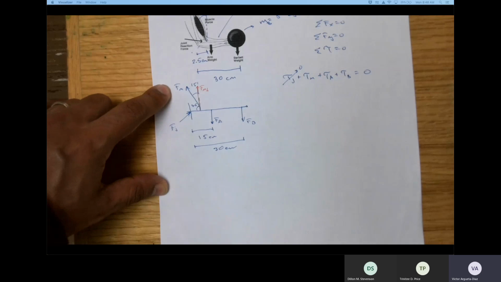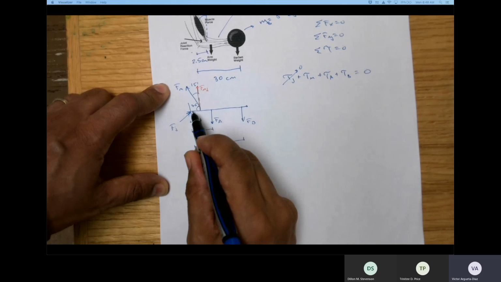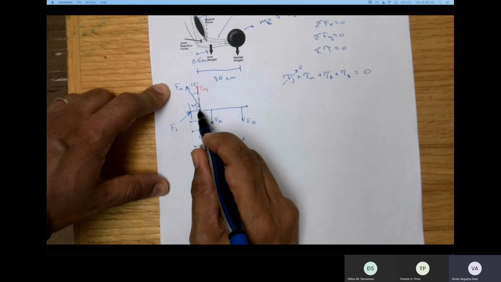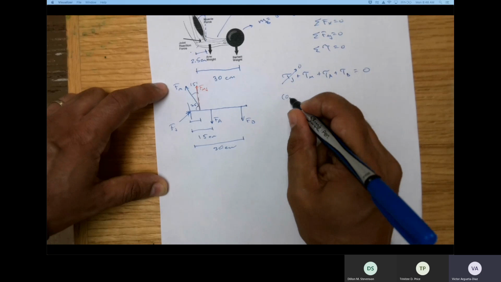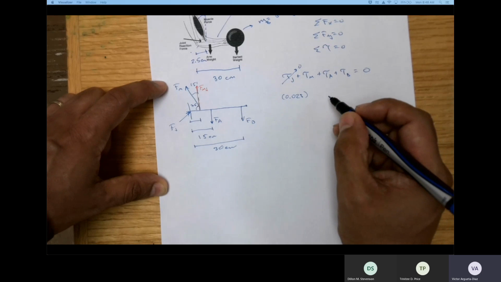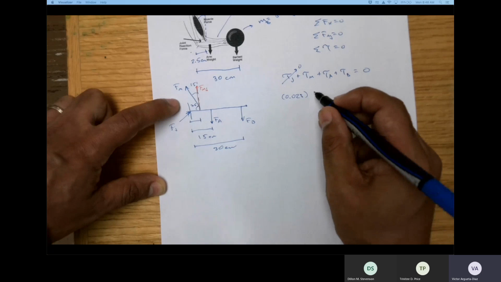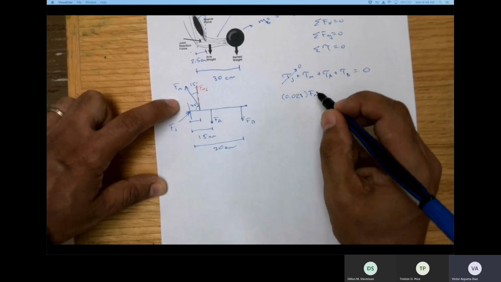I don't know what the force is, so that's going to be an unknown. The distance between the joint and that force is 2.5 centimeters, so that torque is going to be 0.025 meters, that's your inch of separation, times the force, and then the perpendicular component of this guy.